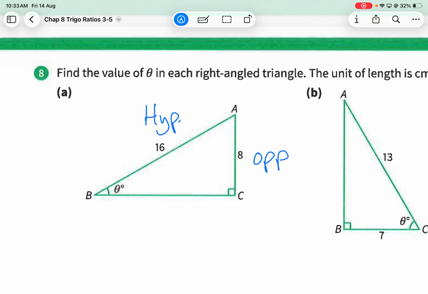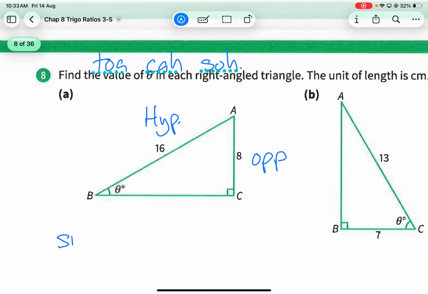Okay. Again, it is back to linking the three items together. I want to link these two sides with my angle. I must be able to form the equation. What is the ratio that links opposite and hypotenuse? I go back to my SOH CAH TOA. Sine. So I want to write down sine of the angle equals to 8 over 16.